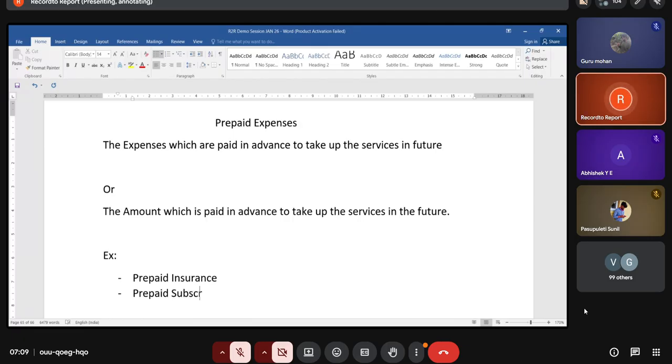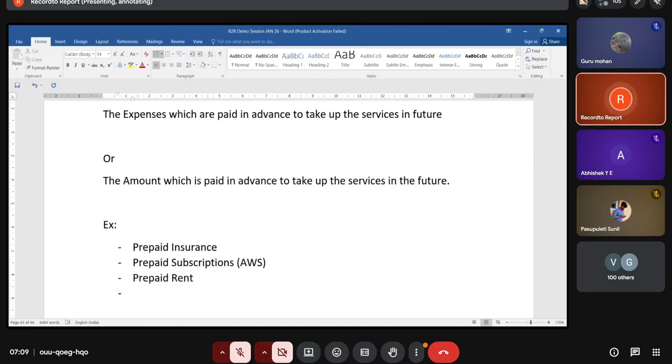Companies purchase AWS, Amazon Web Services subscriptions, to develop their software. And sometimes they pay prepaid rent. In an MNC company, we have an option called salary in advance.